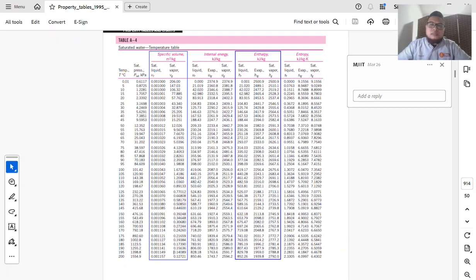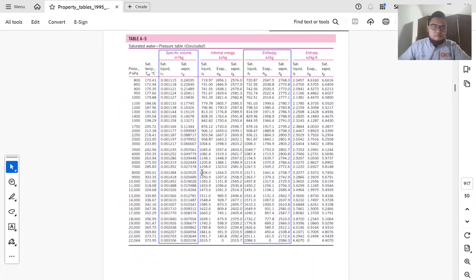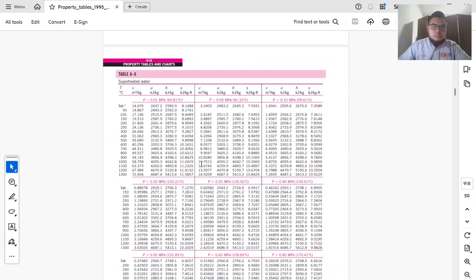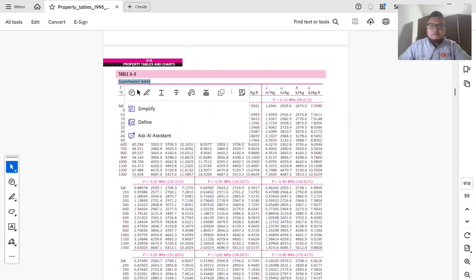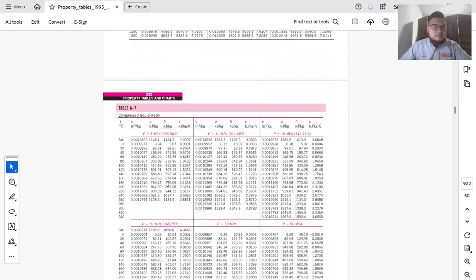Anything in table A4 and A5 we can use for the state inside the vapor dome, or on the saturated liquid line or saturated vapor line. Anything outside that, towards the superheated vapor, we will use table A6, which is the superheated water category. And anything towards the left side of the vapor dome is considered a compressed liquid, with the respective table being table A7.